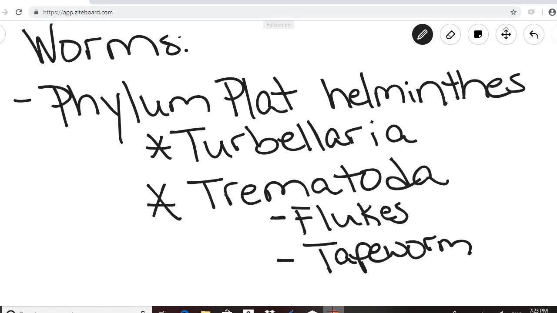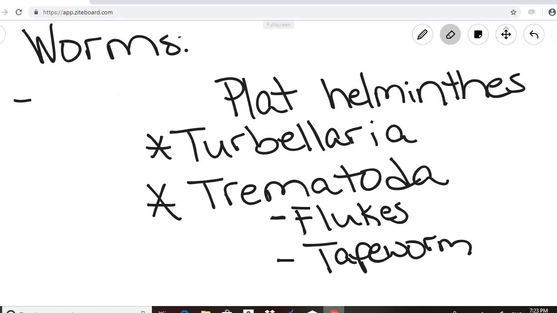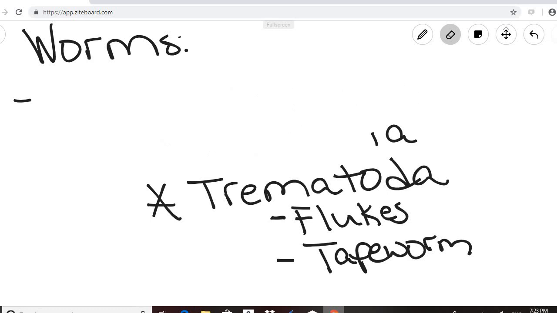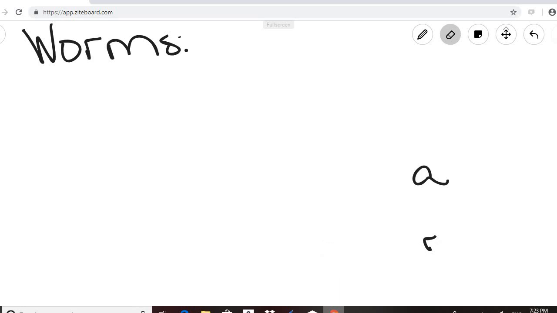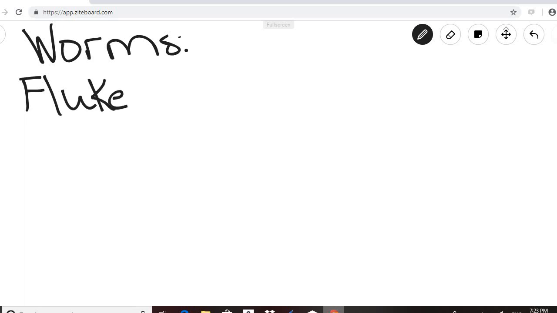And let me talk about flukes first. So Trematoda are flukes and tapeworms. Let me talk about flukes. Both of these organisms have some implications for humans. So that's why I want to make sure that we talk about them.